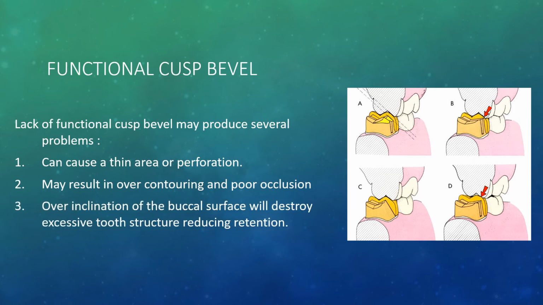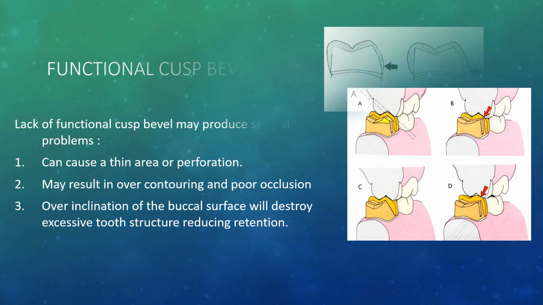Lack of functional cusp bevel may produce several problems, that is thin area or perforation, may result in overcontouring and poor occlusion. Over-inclination of the buccal surface definitely will destroy excessive tooth structure, reducing retention. So these are the problems which can arise if we do not give proper functional cusp bevel.